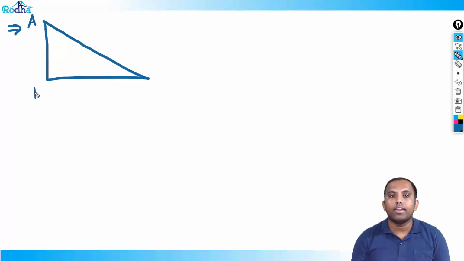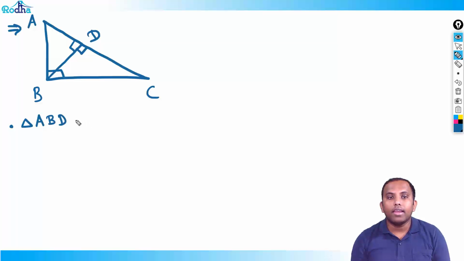So let's say triangle ABC is a right angle triangle. Now BD is a perpendicular to side AC. So here we have three pairs of triangles, not sides, sorry. Here we have triangle ABD.